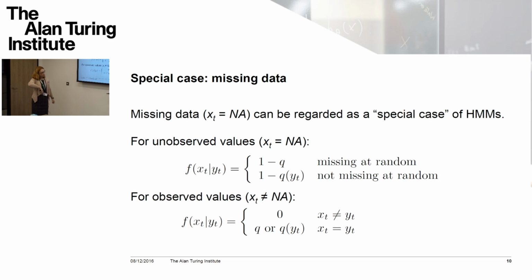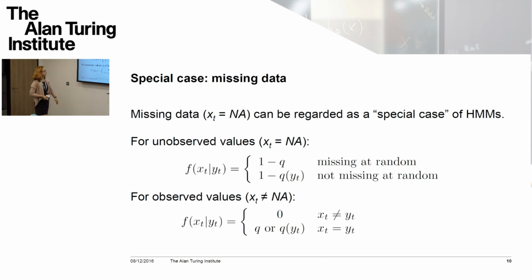Again, the system process stays exactly the same, and we only have to modify the observation process with missing data or missing observations. If the probability of having an unobserved value is just a constant, then it's missing at random, and we can just estimate q, the probability of observing the value. But we can then have not missing at random, where the probability that you have an unobserved value depends on what the true state is.